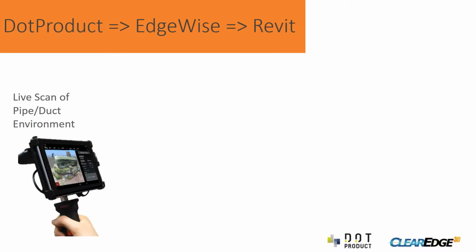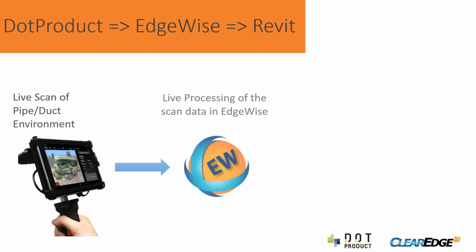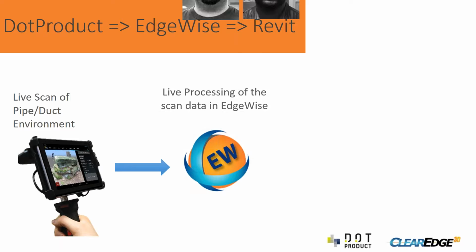Let's get started with a real quick overview of what we're going to be doing. Agenda-wise, I'm going to be passing over the screen to Tom Greaves in just a minute, and he's going to do a live scan of an environment inside his office. Some pipes and a little bit of ducting. Then he's going to email the file once he captures it to Justin Domer, not in our office, but in his home office. He will be processing that live using EdgeWise.